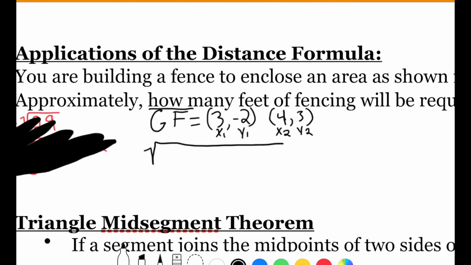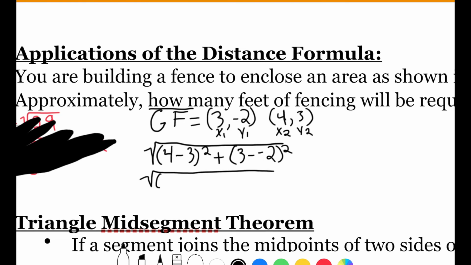Underneath the radical, we are dealing with parentheses, in this case 4, and you can switch it up, 4 minus our x1 squared plus, and again you have to keep consistent of which one you start with. So I started with x2, so I'm going to start with y2. So 3 minus -2 squared.